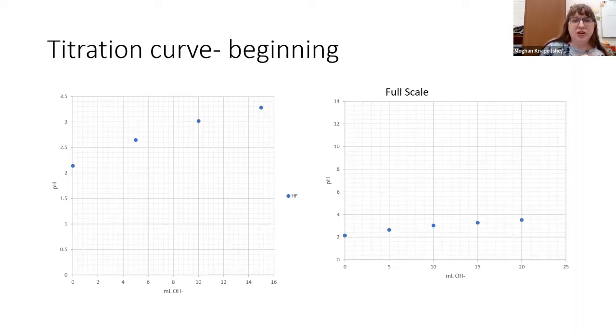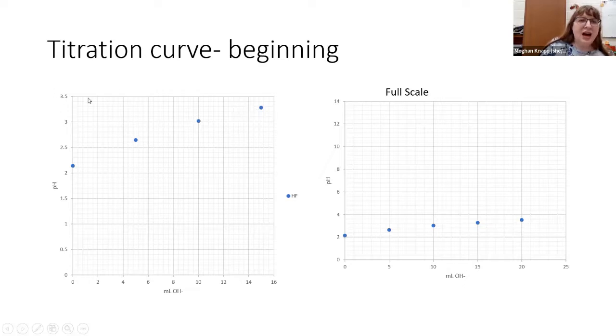Back up a second. As you begin the titration, you're probably going to see a graph much like what you have on the left-hand side here. So notice we have the pH on the y-axis, and milliliters of the hydroxide being added. We're going to start seeing something that looks like a line going up. It may look like a straight line, it may look slightly curved.